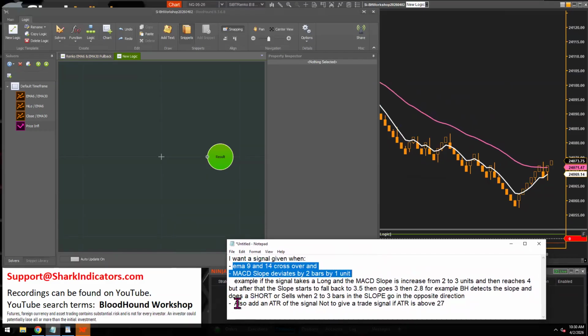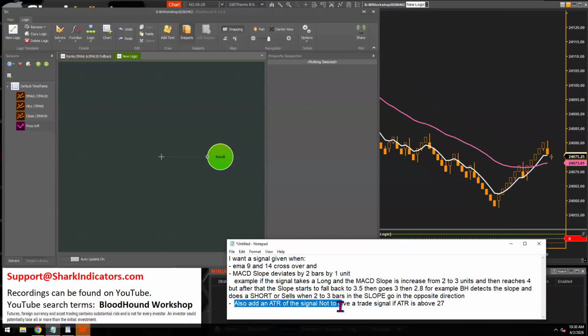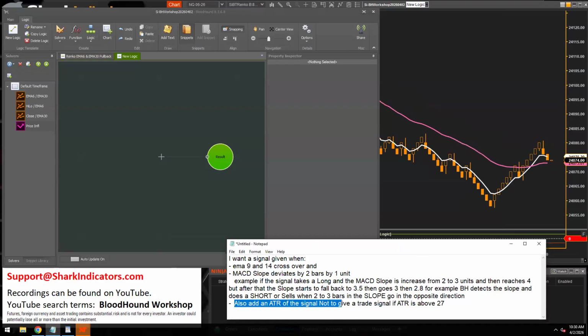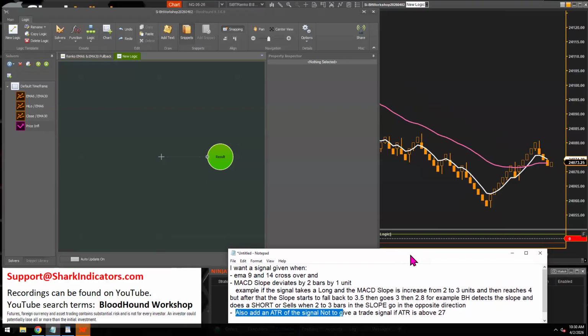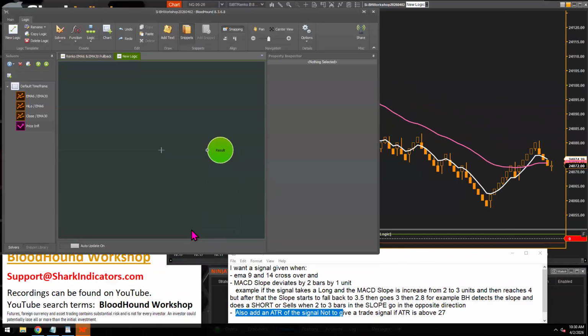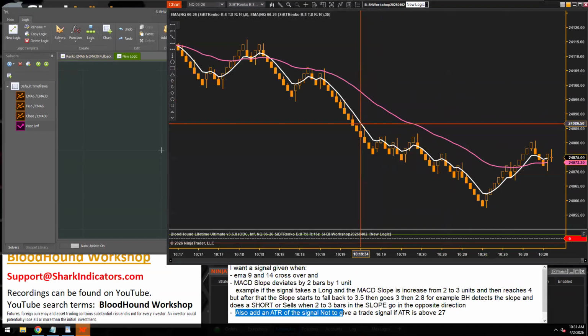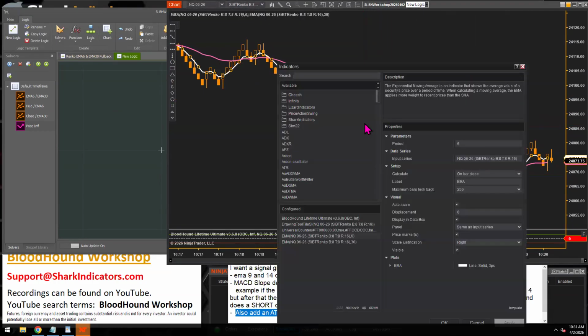And also we'll add the ATR there as well. So let's here, I'll shrink that up a little bit there. All right, so EMA 9 and 14. Well, let's hold on. Let's actually get these on the chart.